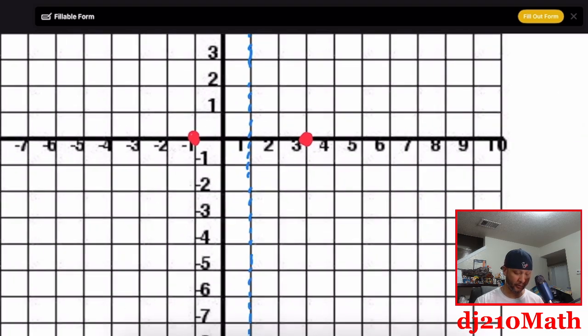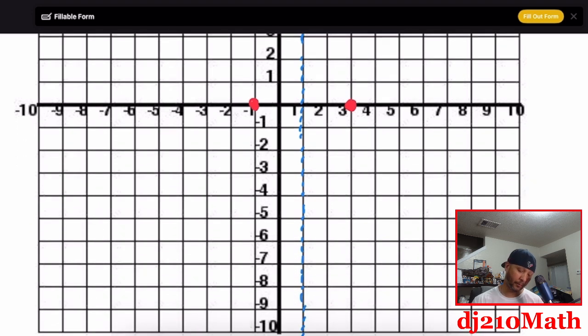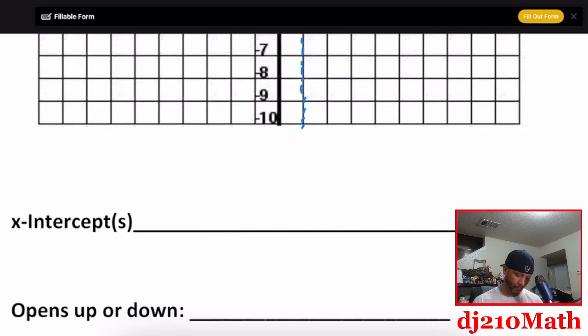Now, if you don't have a picture, which we have, but if you didn't have the graph, you would just add up the roots, 3 plus negative 1, and divide by 2. That's basically how you find the average, and you'll find the midpoint, right? Going back to geometry, when you have the midpoint formula.